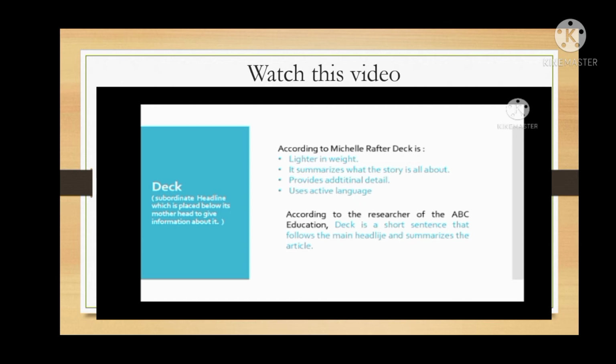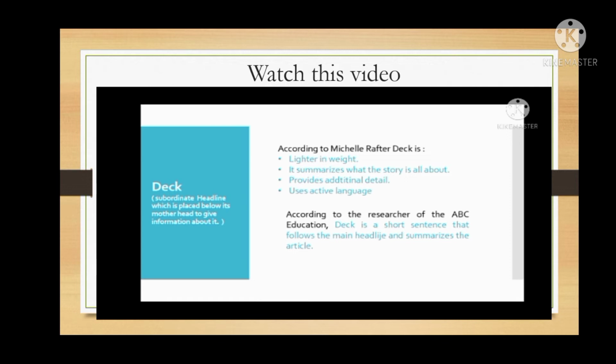Next is deck. So, this is the subordinate headline which is placed below its mother head to give information about it. Now, according to Michelle Rafter, ang font sa deck is lighter than the main headline because ang main headline is bold. Yeah.